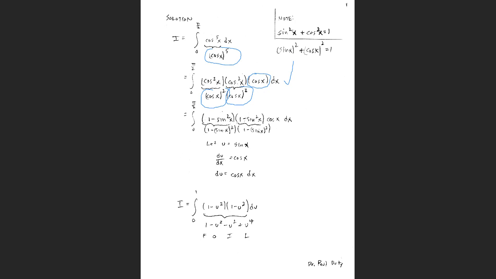And then we can make use of the Pythagorean identity. Since sine squared plus cosine squared equals 1, these cosine squared terms can be replaced with 1 minus sine squared.